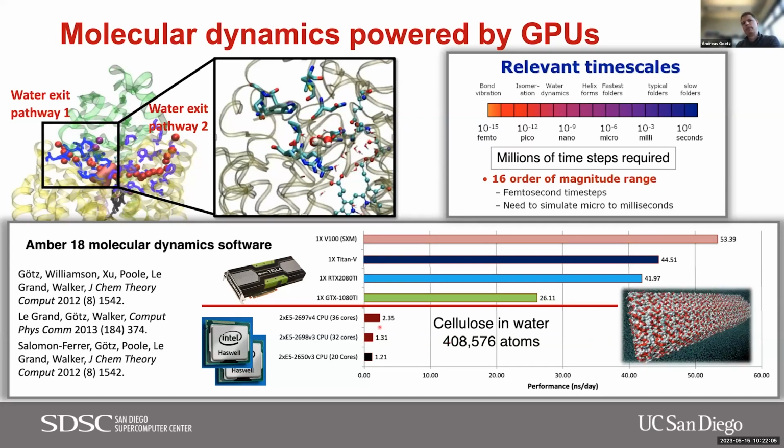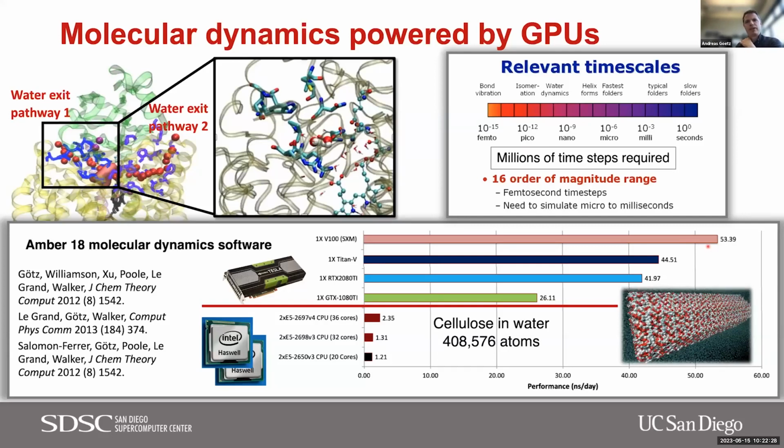And that was at the time top-of-the-line CPU nodes with a high performance implementation of our molecular dynamics code in Amber. And you could get about, say, 2 to 3 nanoseconds per day, right? A single GPU implemented correctly gives you about 50 nanoseconds a day.